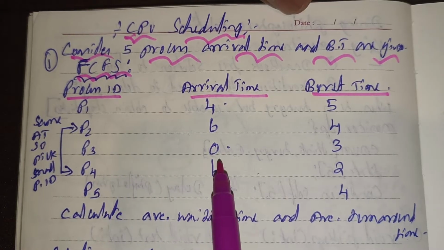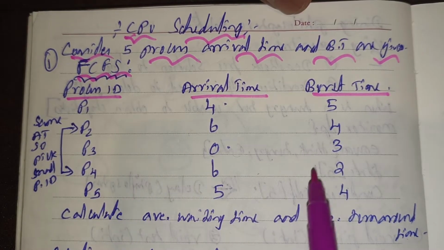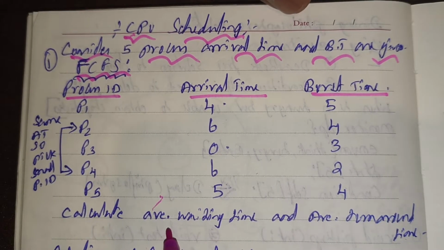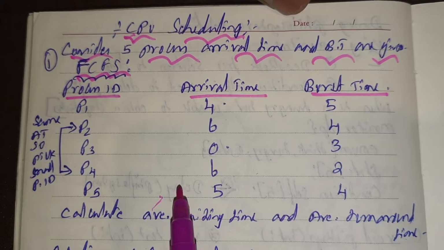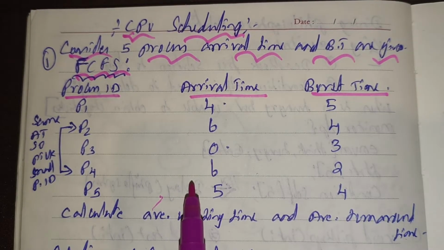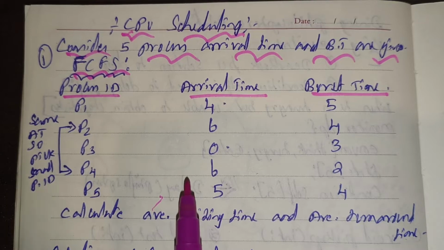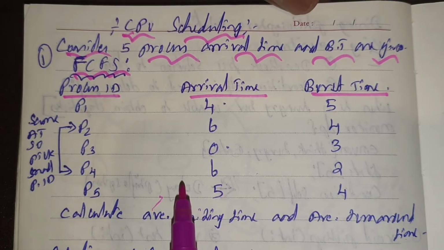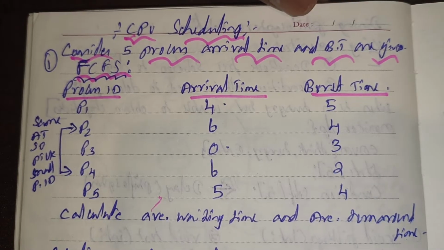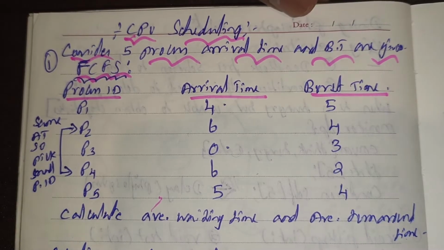It won't leave the critical section unless it completes the task. Preemptive means the shortest burst time will interrupt the currently running process if it has a higher priority than the one running inside the critical section. In detail, I will tell you about non-preemptive and preemptive in a separate video.